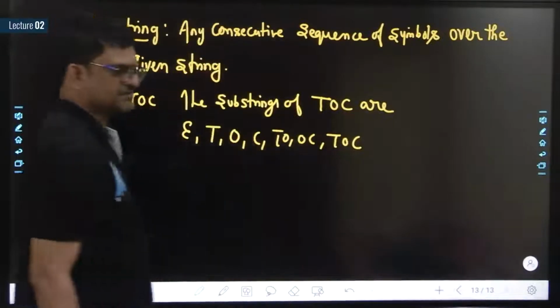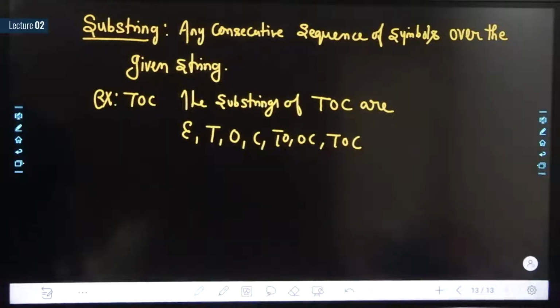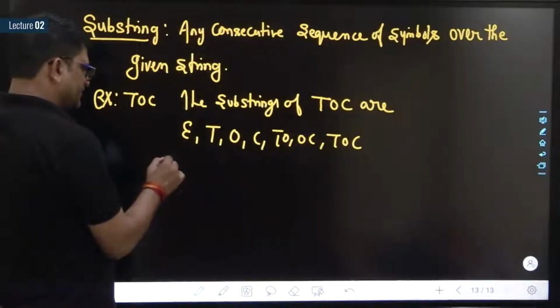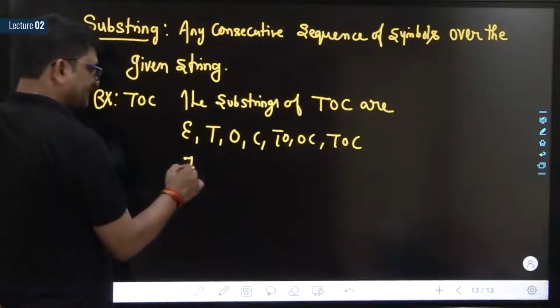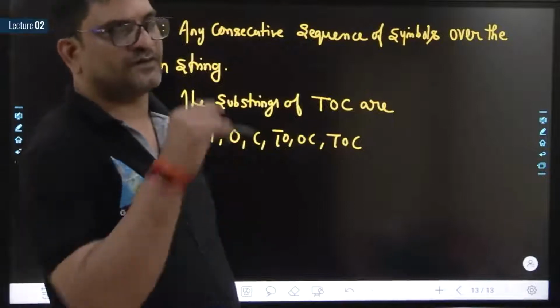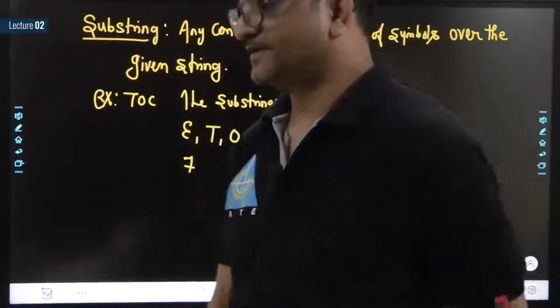These are the substrings of TOC. How many substrings for TOC? 7.